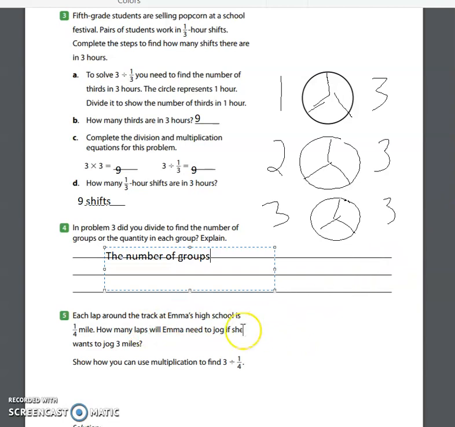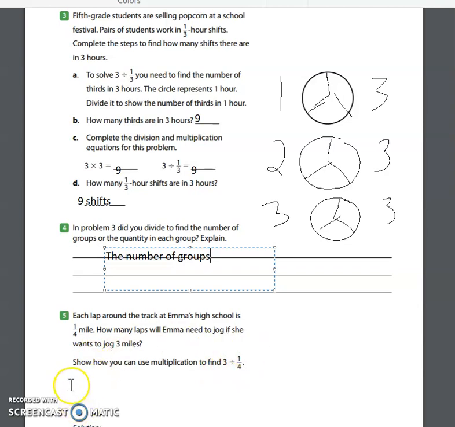All right. Next, we are number 5 here, it says each lap around the track at Emma's high school is a fourth of a mile. The question says, how many laps will Emma need to jog if she wants to jog 3 miles? So it says, show how you can use multiplication to find 3 divided by 1/4.